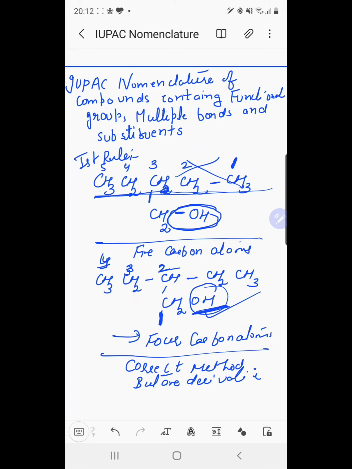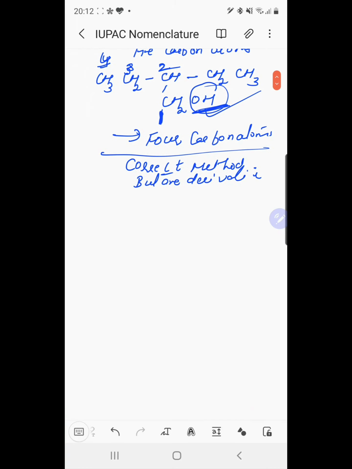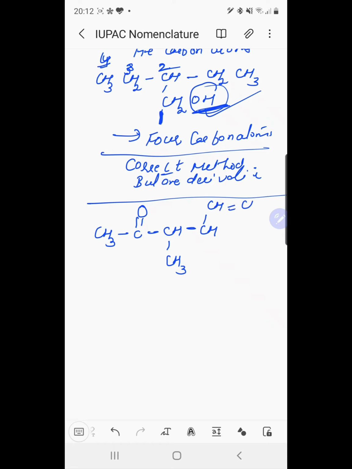derivative. Now one more example which explains this fact: we have CH3 CO CH3 CH double bond CH2, then CH2 CH3.